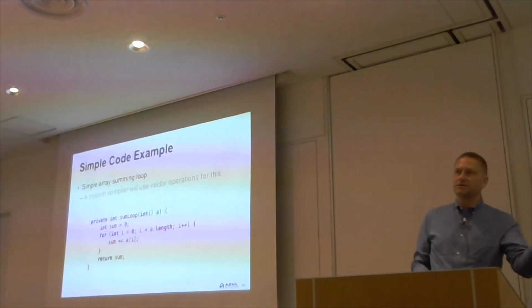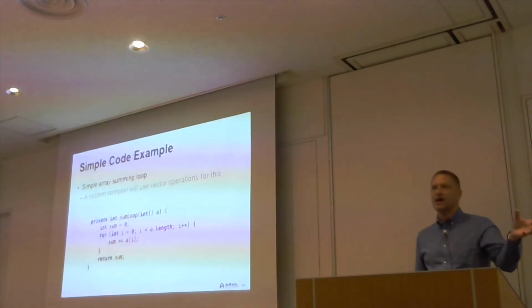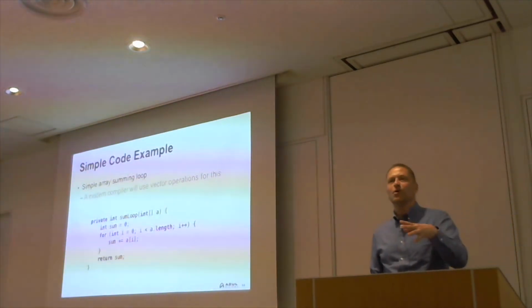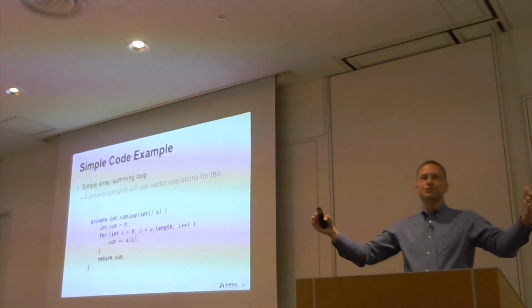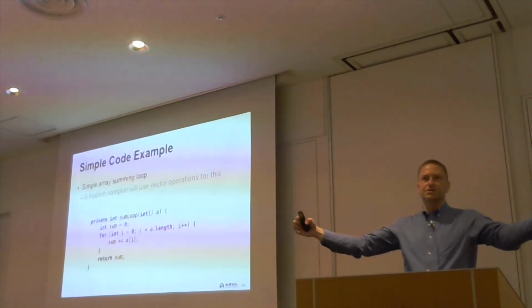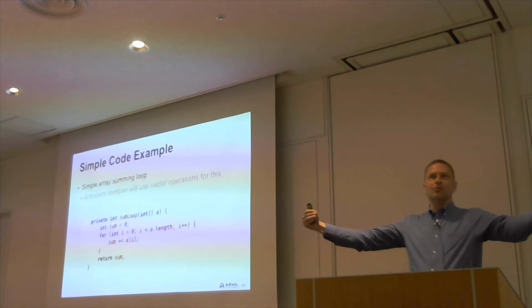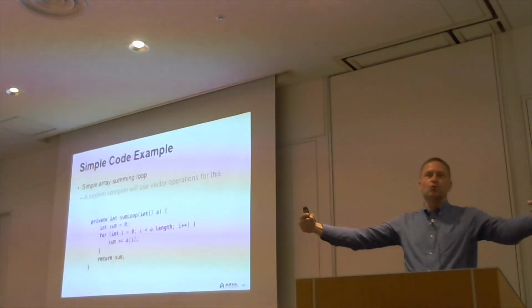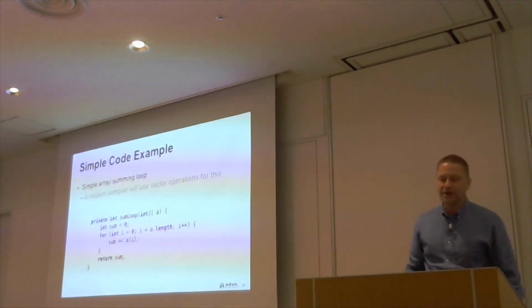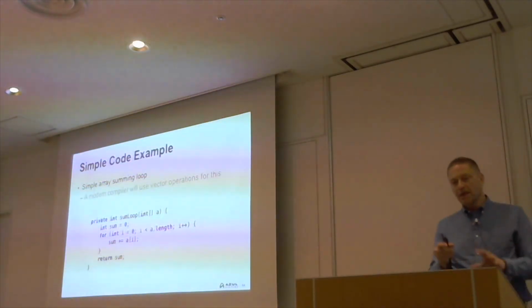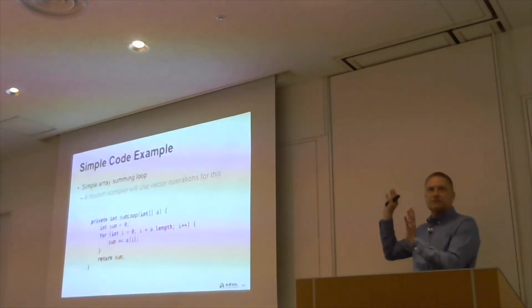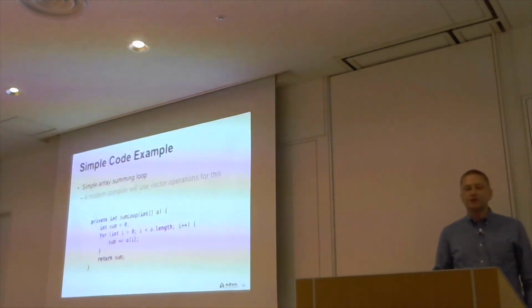If you look at the Intel processor, you'll find there are things like AVX, AVX2, AVX512, which are single instruction, multiple data operations that work on very wide registers. So you put lots of values in your register in one go, and then you add things all in one operation. So it's very efficient in terms of doing things in a single clock cycle. A modern compiler will look at that and go, yes, I can apply vector operations to that.